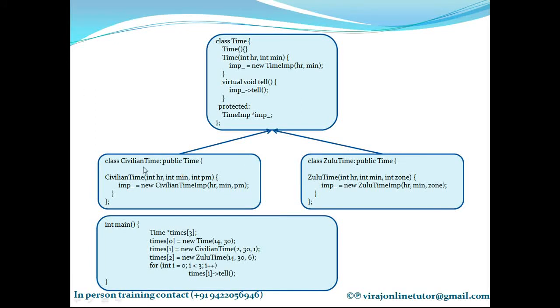So in the civilian time constructor, I accept hours, minutes and PM. And I create a civilian time IMP object and pass all these three parameters to it. Same goes with Zulu time: I have hours, minutes and zone, create Zulu time IMP and pass three parameters.